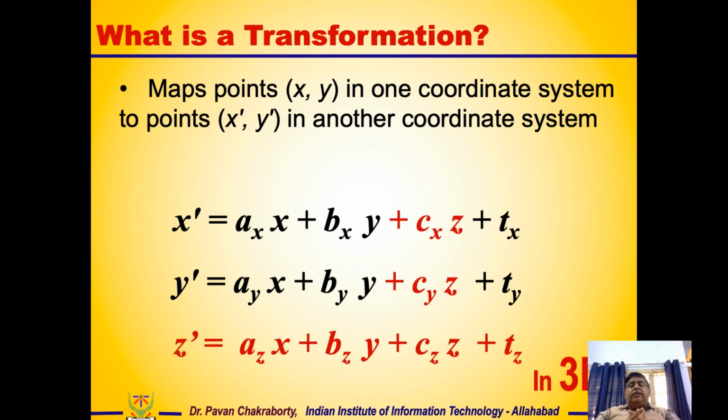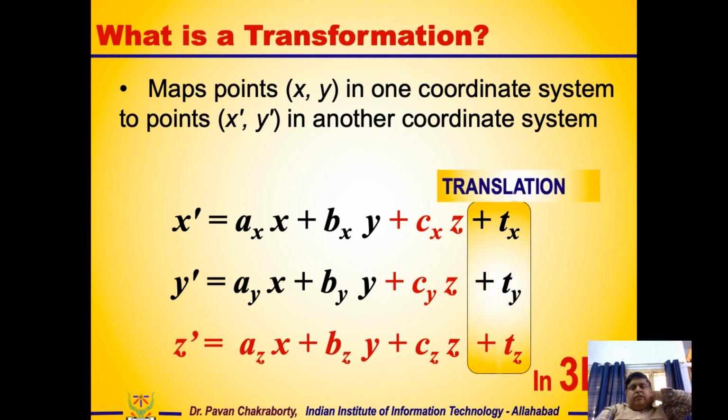Now, the same thing in 3 dimensions converts in this manner, as you see here, with the additional term for z. Please see here that the black is in 2D and the additional term in brown makes it 3D. This portion is the translational terms defined here.